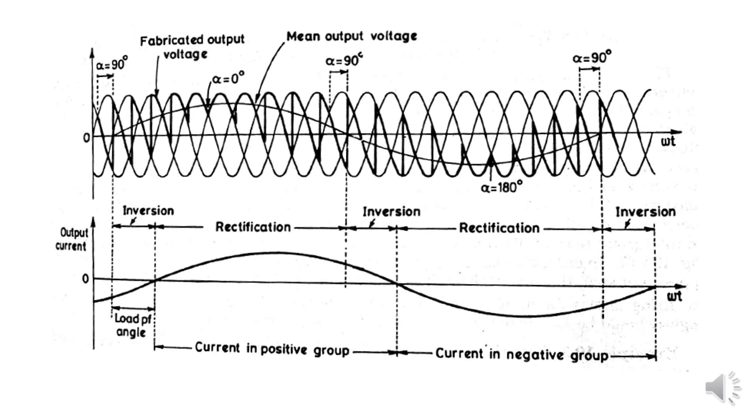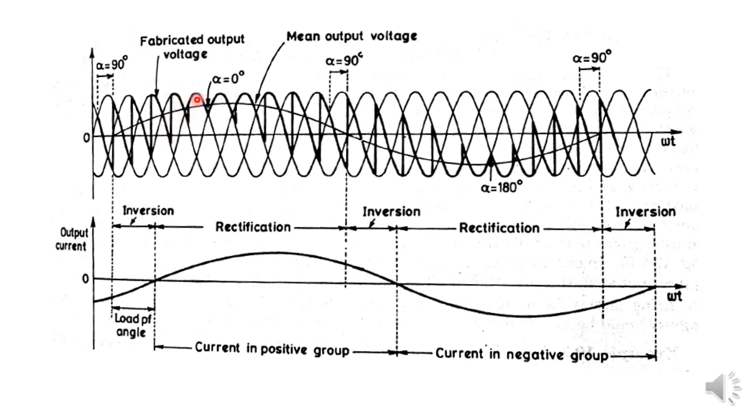Now let's see the output waveforms. The first switch will be triggered at alpha equal to 90 degrees here. So the output voltage will be like this. This is the output voltage. Then the second switch will be triggered at a firing angle less than 90 degrees. Then the next switch will be triggered at a firing angle that is reduced again.